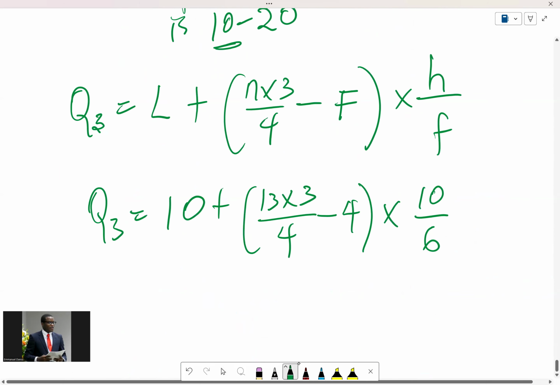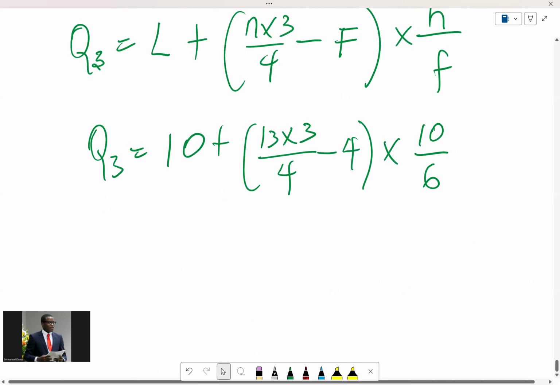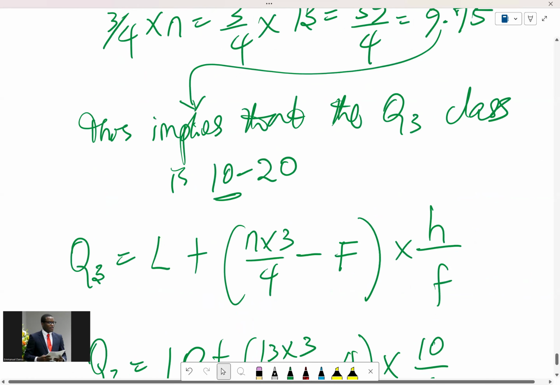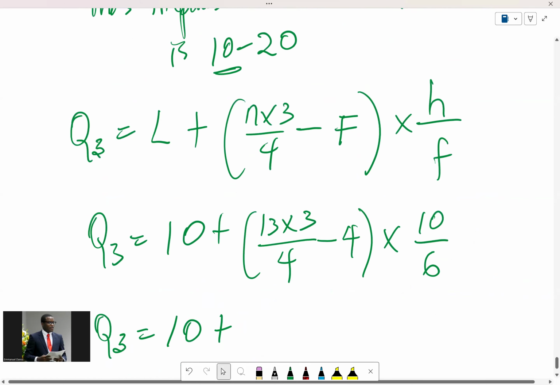So we can tidy all of this up to get our Q3. So we have Q3 to be 10 plus 13 times 3 over 4. I think we got that before to be 9.75.